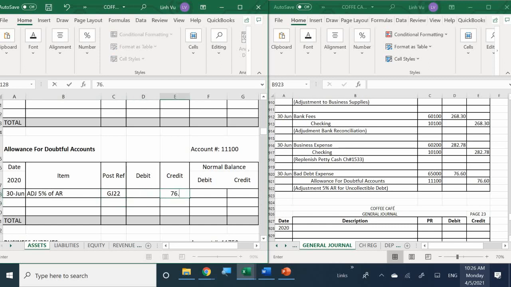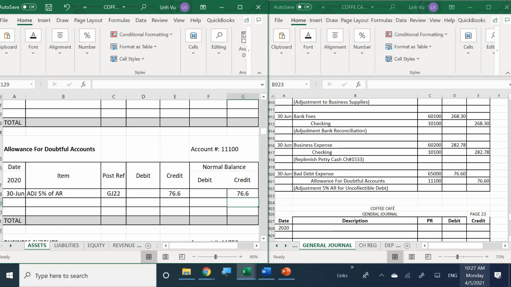So when we do the next period, let's say we do July's bad debt expense, this is the reason why we have a credit balance in the beginning. Because when we have this here, it's always going to stay here because of our accounts receivable. It's a contra account. This is supposed to reduce the amount that people owe you.